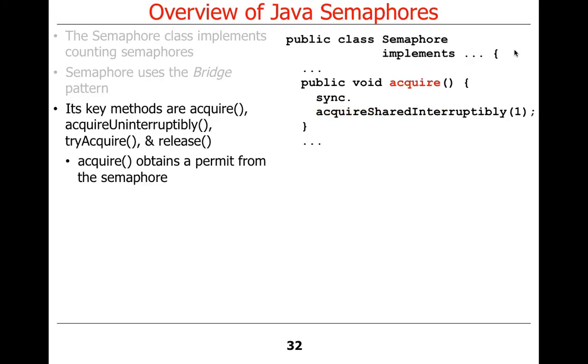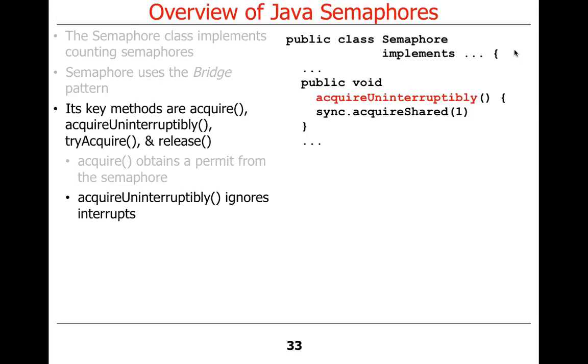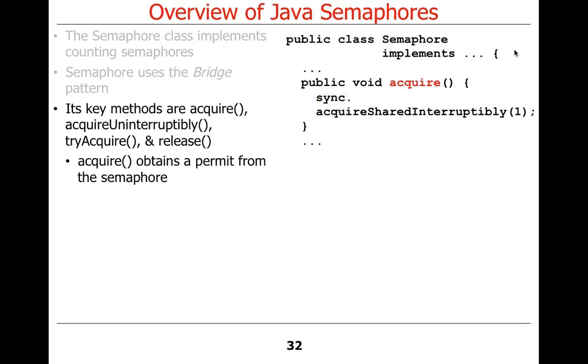All right, so here are the methods. Acquire will obtain a permit from the semaphore, and it uses this underlying call that's provided by the abstract queued synchronizer class, and it waits for one thing. And notice it does a shared acquire, because you can actually have multiple things going on at the same time, right?